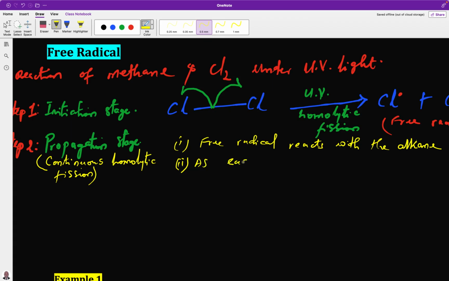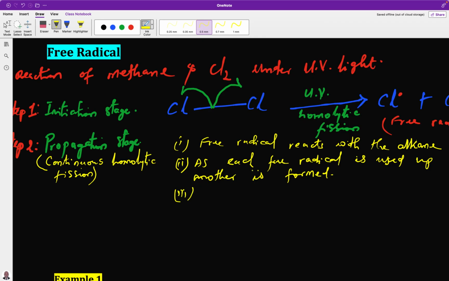As each free radical is used up, another is regenerated. Another is formed. Three, the CH bond in methane breaks homolytically, forming a methyl radical.